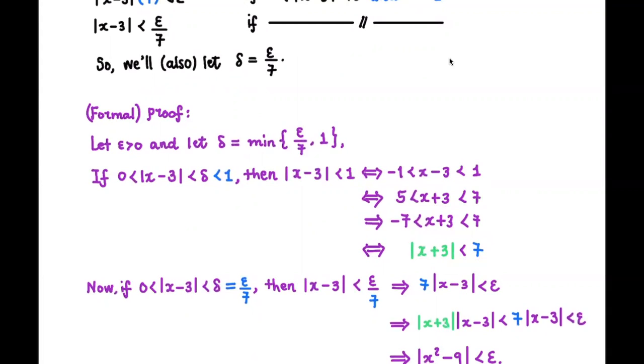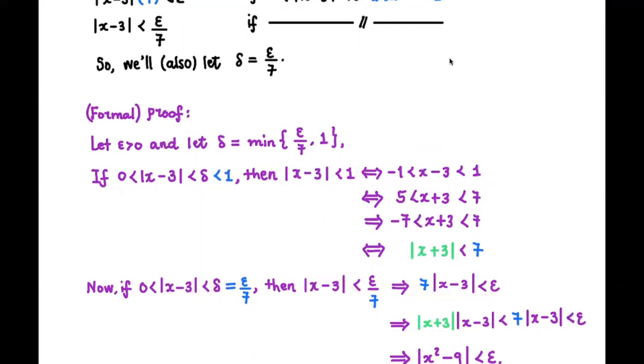Now, after we take care of this delta here, now we choose epsilon over 7. So if delta is epsilon over 7, then absolute value of x minus 3 is less than epsilon over 7 because of this inequality. And then instead of using the definition of this absolute value, we just cross multiply.